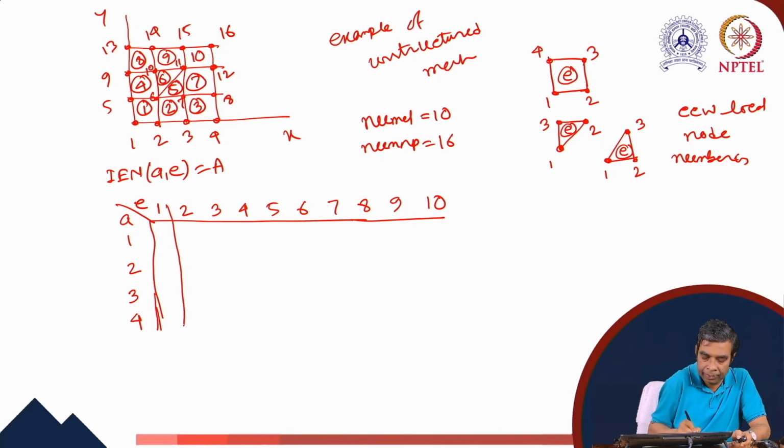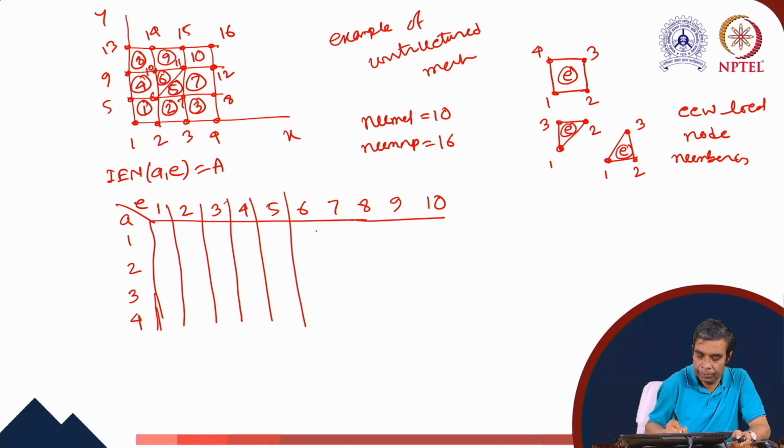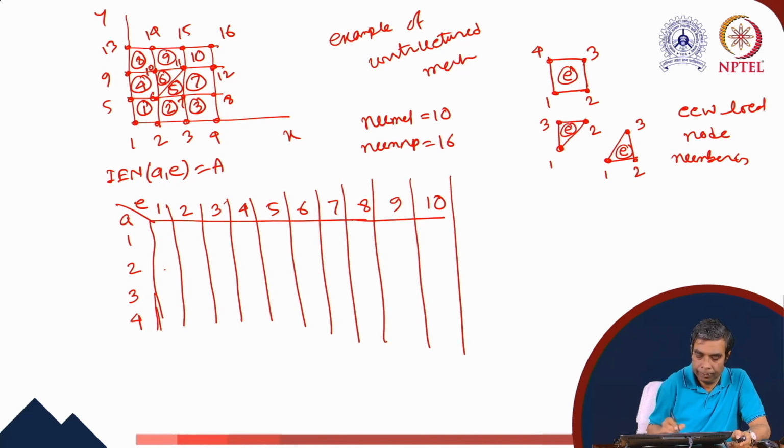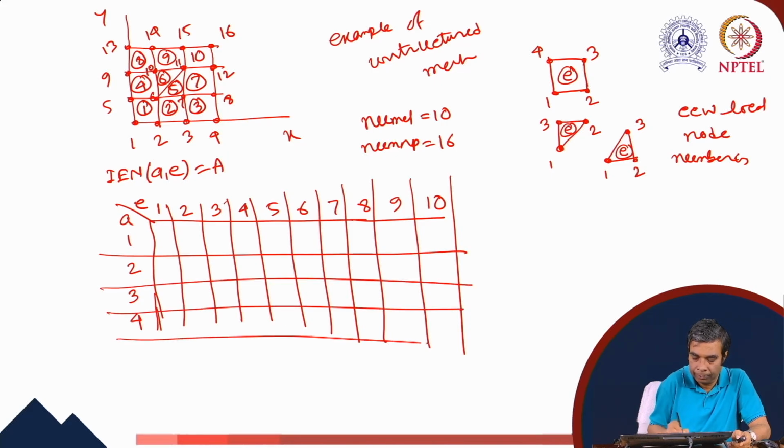Then we make the IEN chart. For the first element, the global nodes are 1, 2, 6, 5.